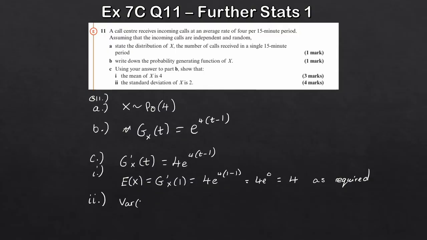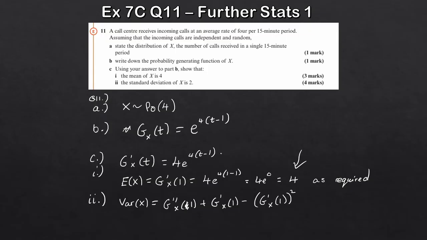The variance of x will be equal to the second derivative of G, defined at 1, plus the first derivative at 1, minus the first derivative squared. Now we've already got the first derivative at 1, that's 4, so that's nice and easy, but we need to work out the second derivative.